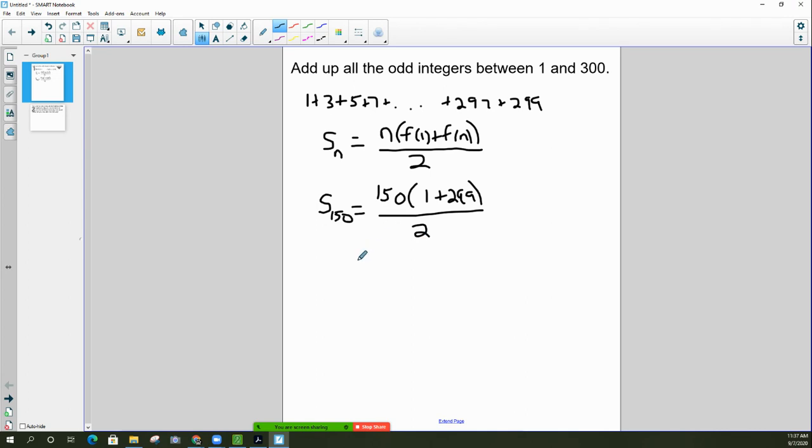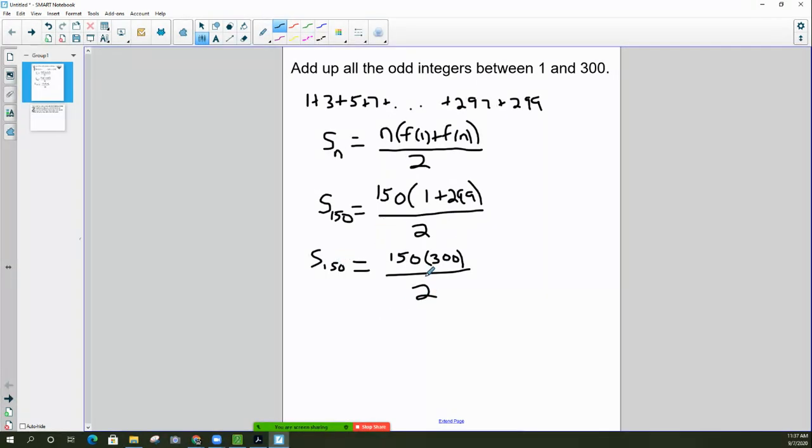All right, so I'm going to follow my order of operations. And so the sum of the first 150 terms is going to be 150 times 300, all divided by 2.